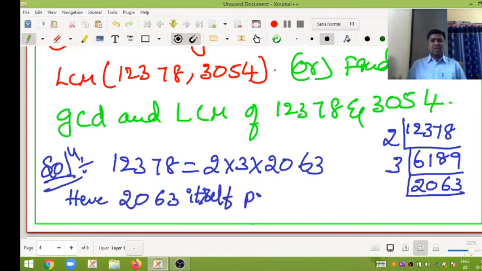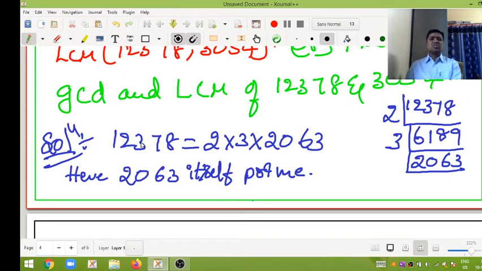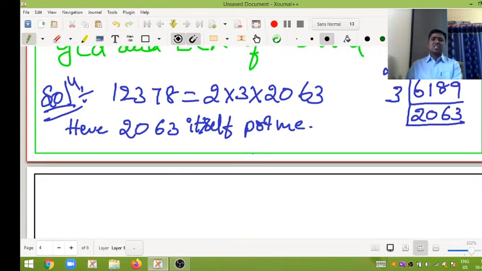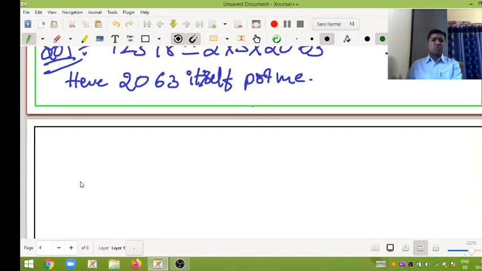So that's why I will stop here, only prime numbers. Okay, my dear friends, I will write it neatly. So this is the prime factorization of 12378, my dear friends. Similarly, we have to write the prime factorization of one more integer, 3054, my dear friends.